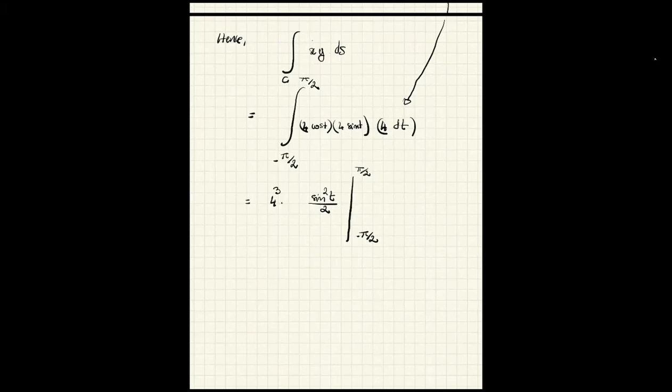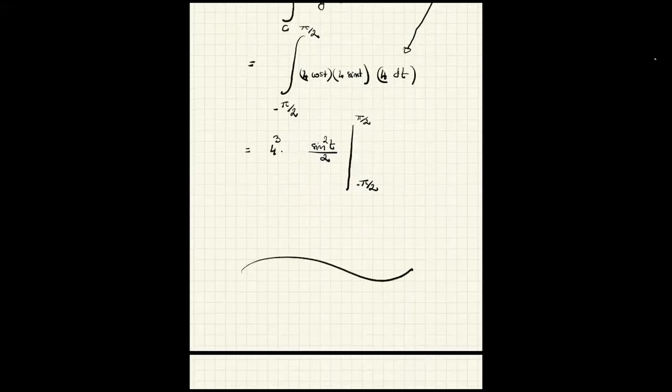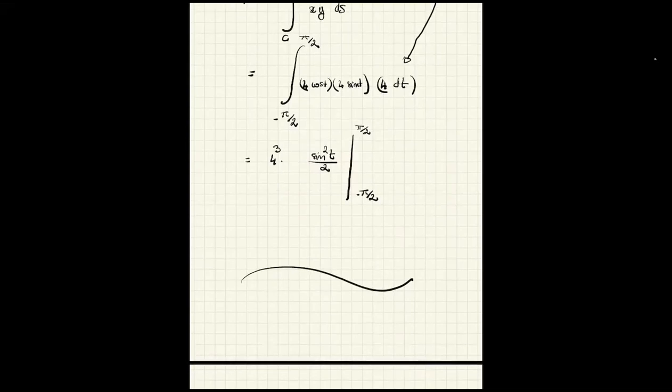Okay, so remember, what is this integral? We took a line, we took a curve, and basically, what is exactly this number? I mean, it's 0 here. But what is this number?